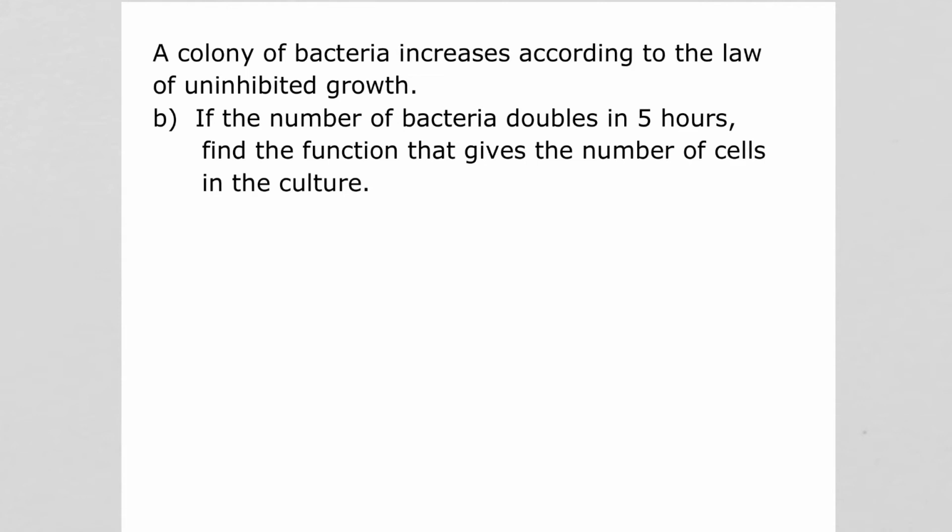If the number of bacteria doubles in 5 hours, find the function that gives the number of cells in the culture. So we have N equals N naught e to the kt. And we know that it doubles in 5 hours.